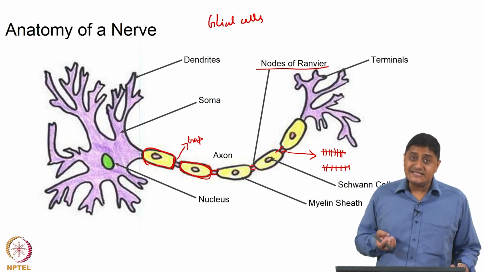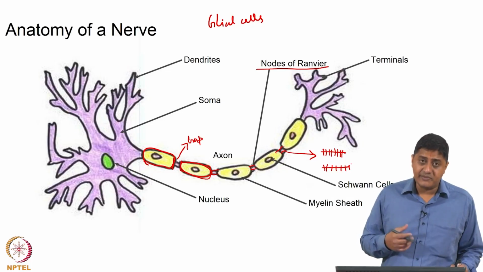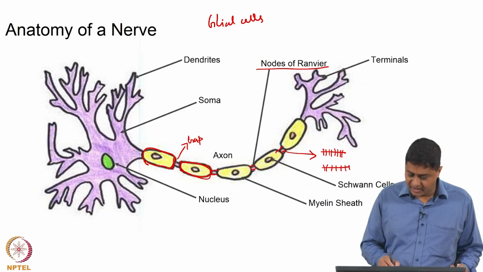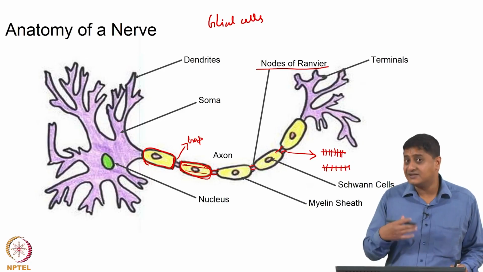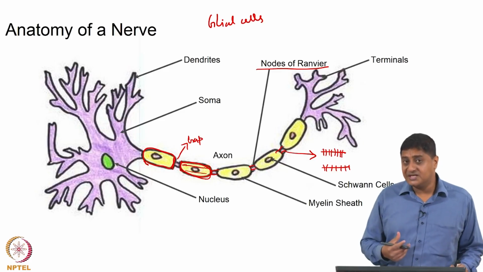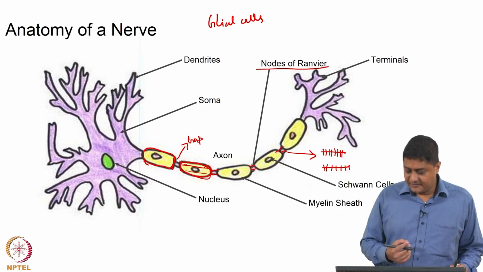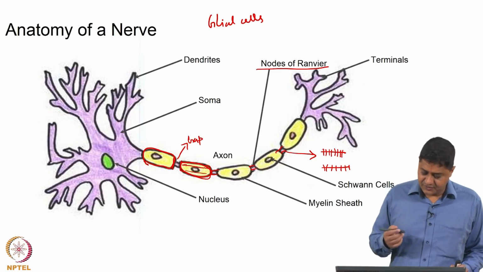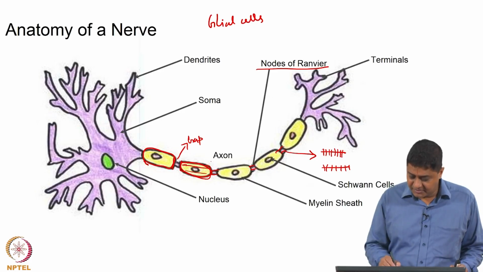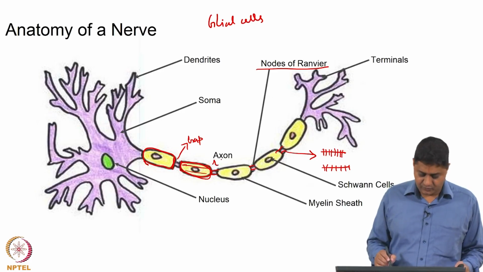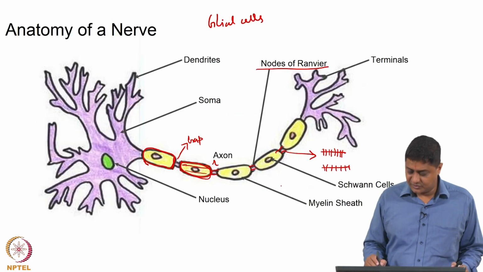So, the density of voltage gated sodium and potassium channels is very high when compared with the rest of the axon which is passing inside the insulation. So, this leads to a situation where the action potential can be quickly generated here. Why? Because membrane capacitance is reduced.